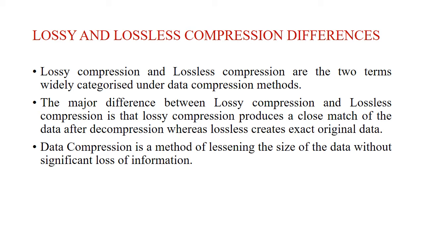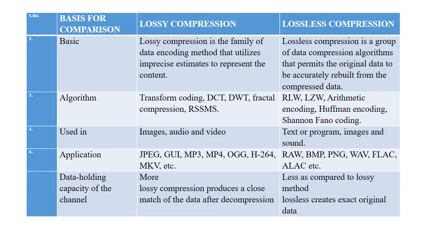Data compression is a method of lessening the size of the data without significant loss of information. In both cases there is no significant loss of information, but compared to lossless, lossy compression removes more redundancy. In the tabular column, we can observe the differences.